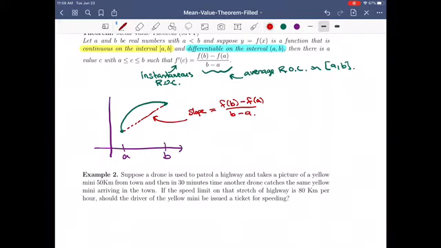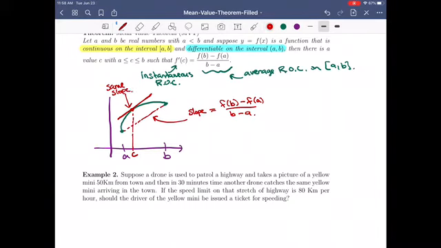What the mean value theorem says is that there's some point c, I think it's around here, where the slope of the tangent line is parallel. So same slope. That's what it says.